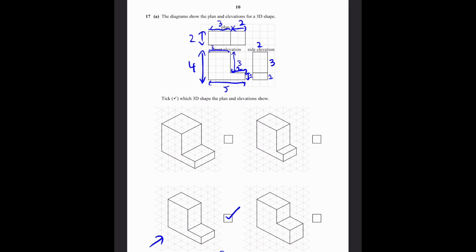So next, when we look from the top, which is the plan, we can see this and this. So this will look like it's up, but then it's actually down here. That's why the line. So this is the one.